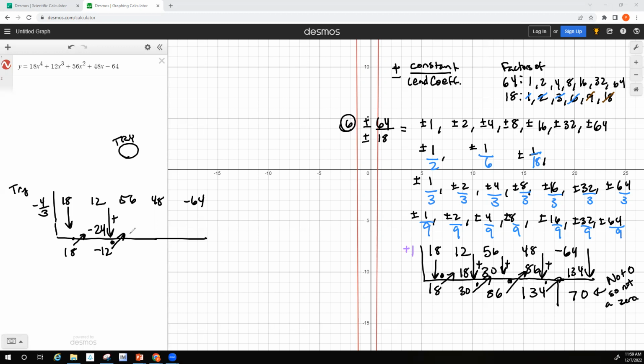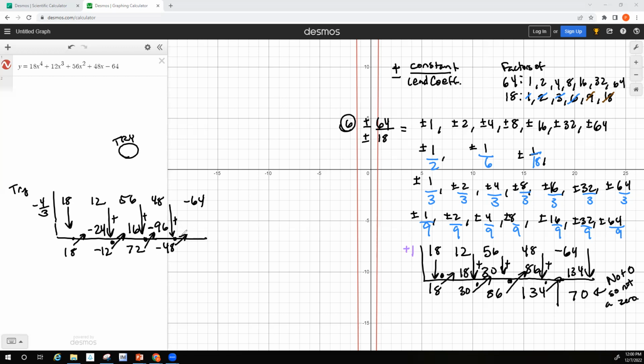So -12 divided by 3 is -4 times -4 is +16. Add, we get 72. Multiply, 72 divided by 3 is 24 times -4 is -96. Add, we get -48.